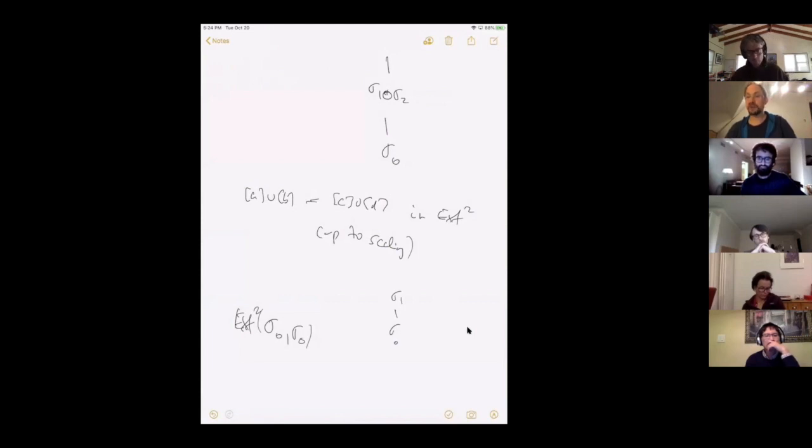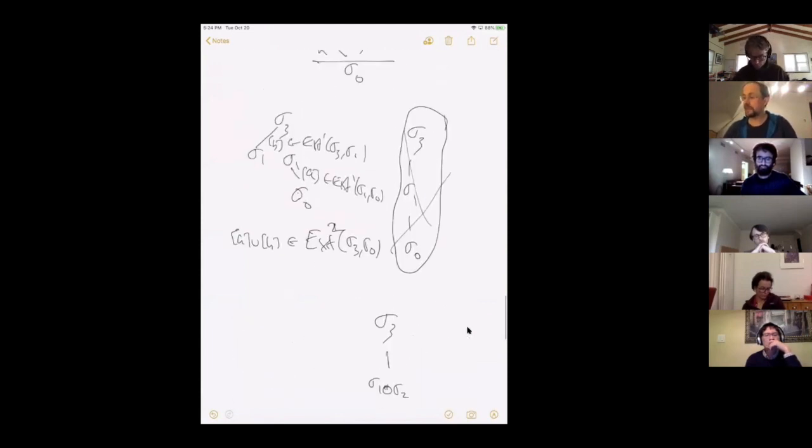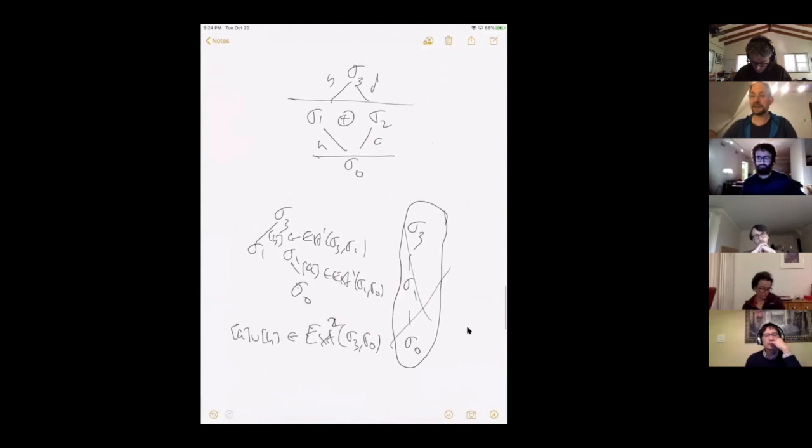But if I was over GL2 of F_p squared, and that was just one of these edges, that still doesn't lift to characteristic 0. To lift to characteristic 0, I have to make the entire 3-layer cake. That lifts to characteristic 0. Do people know how to compute this deformation theory? Do they know how to think about those classes in Ext2 and to see what the obstructions to lifting to characteristic 0 are? And do they see why some things lift and some things don't?